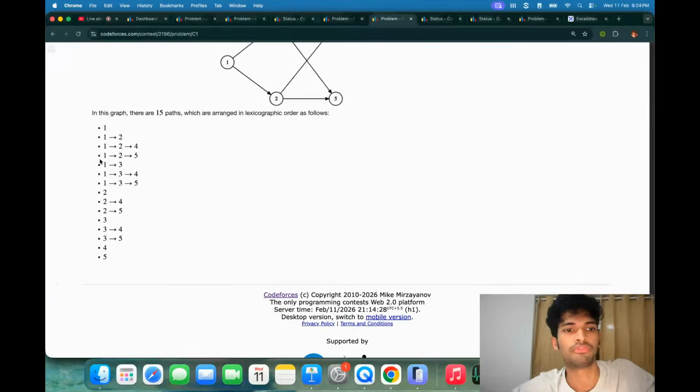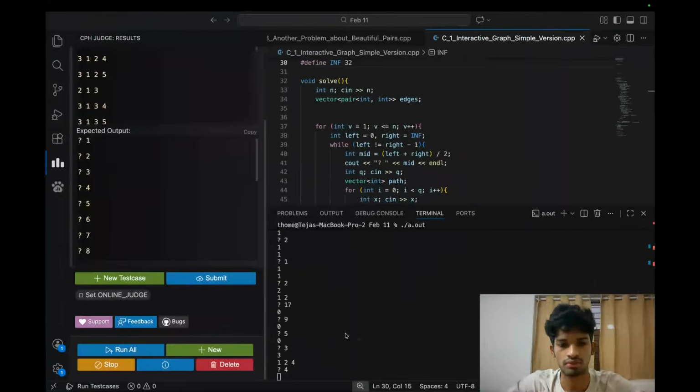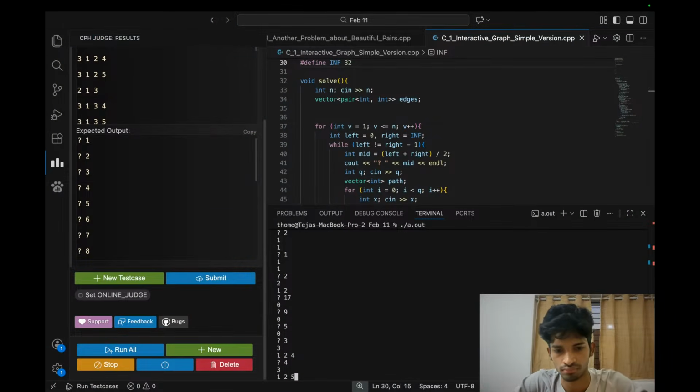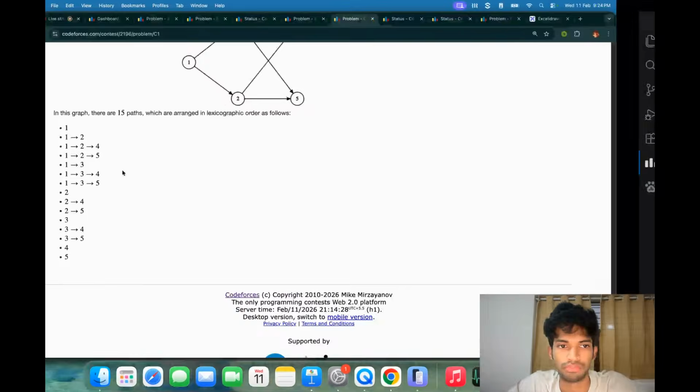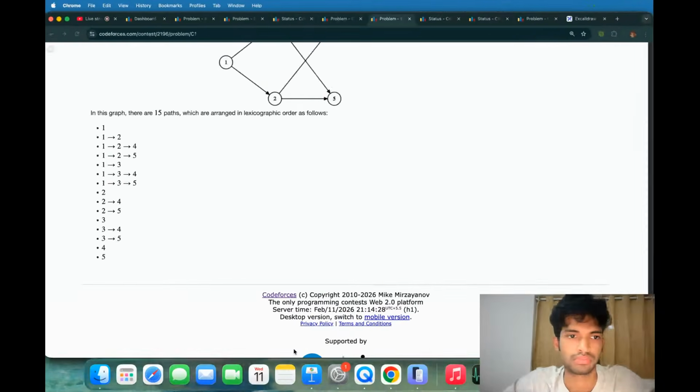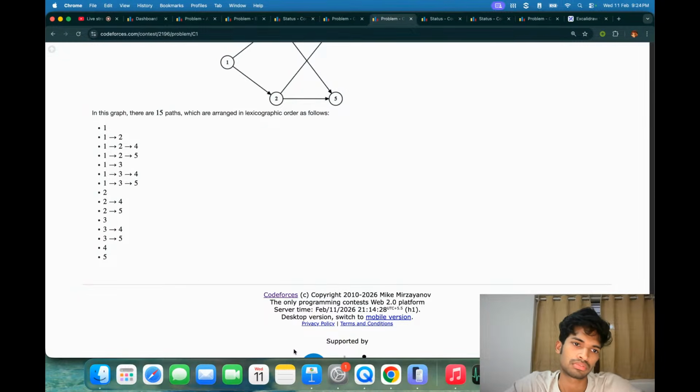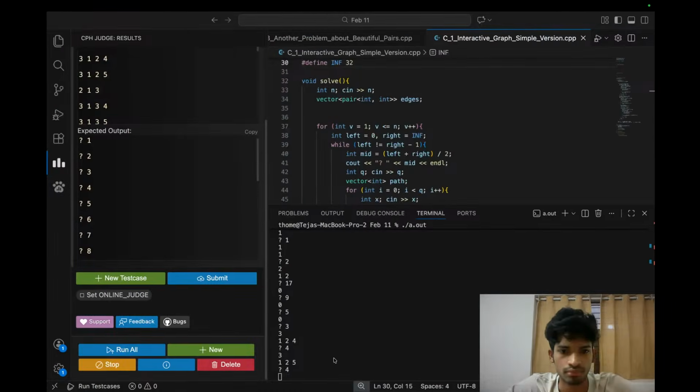Now it's asking about 4. To say 3, 1, 2, 5. Now it's asking about 4 again.